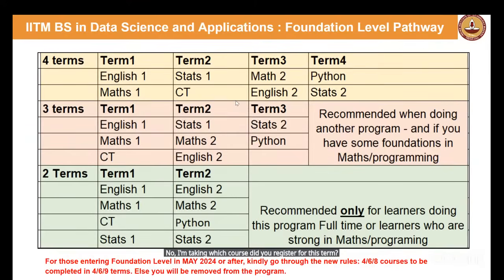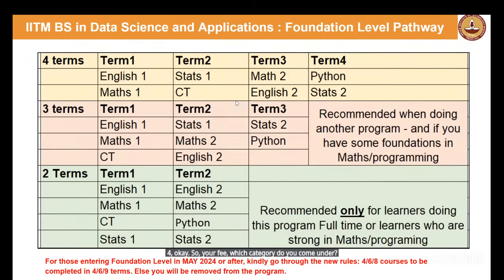English 1, Maths 1, statistics for data science 1, and also computational thinking, I think. Then you have to tell me, 4 courses or 3 courses? 4. Okay, so which fee category do you come under?